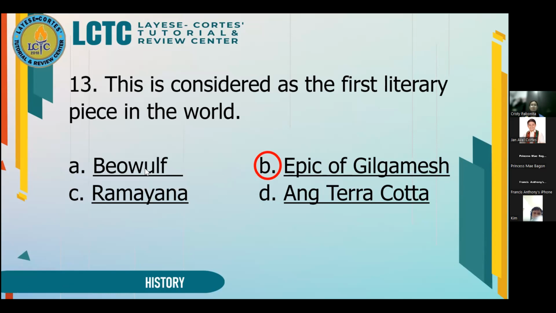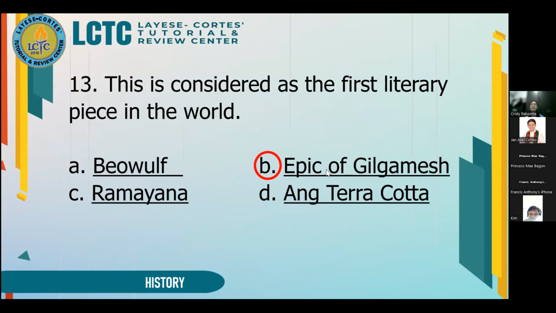So what is Beowulf, by the way? Beowulf is considered as the longest epic poem in Old English. So that is the title it holds, the longest epic poem in Old English. So, Epic of Gilgamesh is the oldest epic tale in the world.